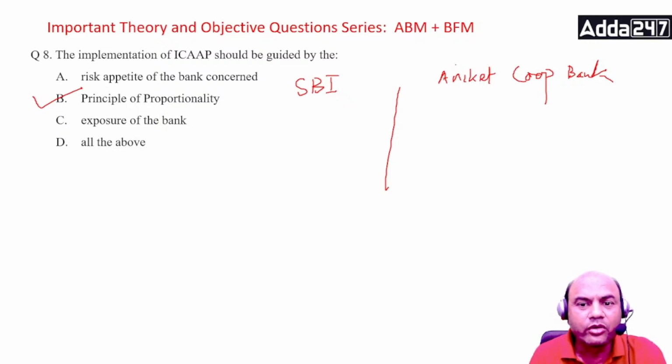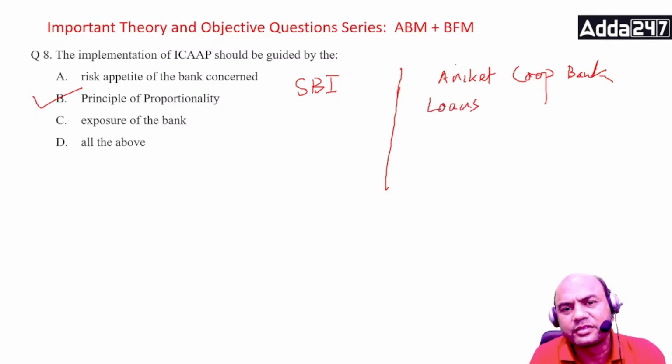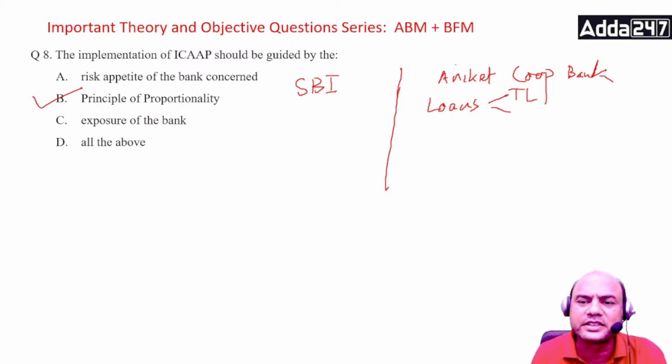What is the job of Aniket Cooperative Bank? Simple: loans, term loan, CC, only these two, and deposits: saving, current, FD, SB, CA, and FD.